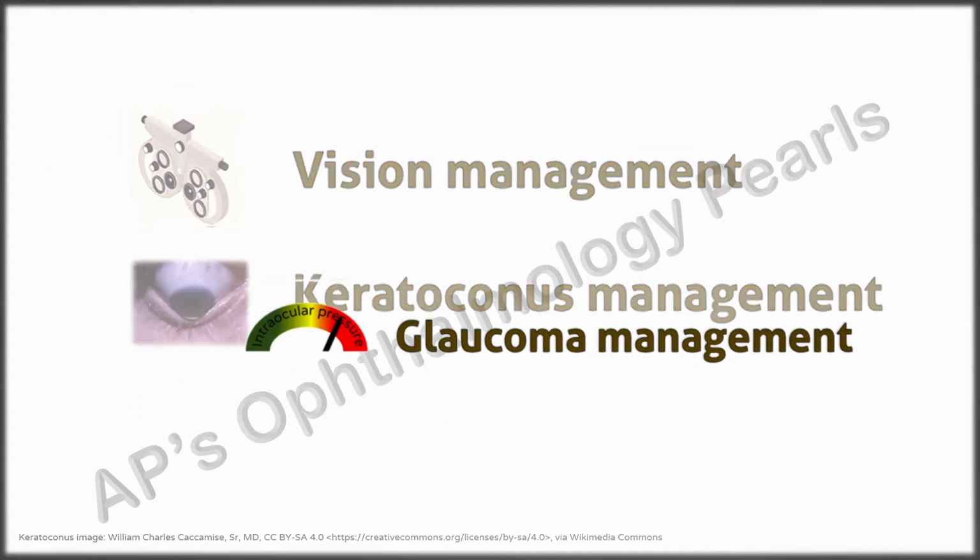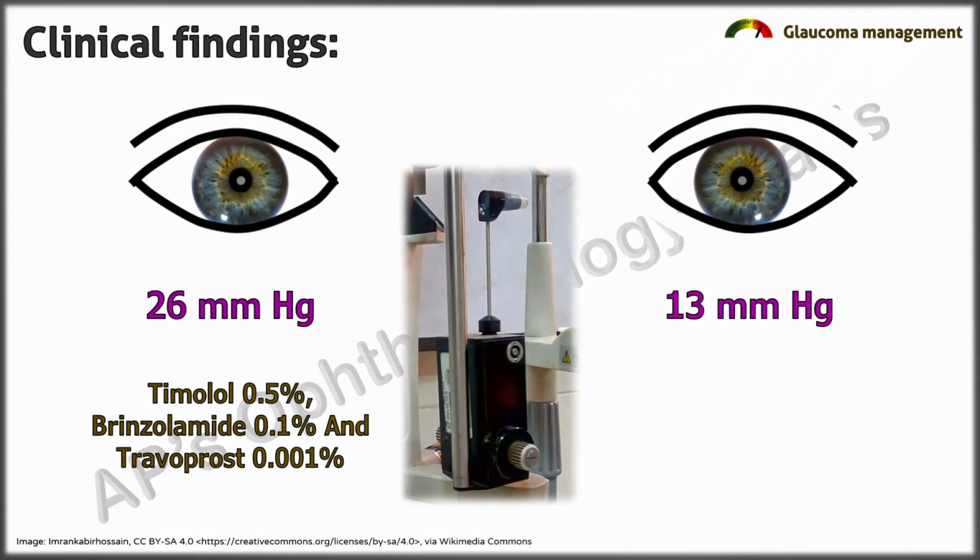Regarding glaucoma management, the intraocular pressure was uncontrolled while the patient was already on a beta blocker or carbonic anhydrase inhibitor and a prostaglandin analog, which equals maximum medical therapy. The only drug left out is an alpha-2 agonist. Brimonidine produces only a 20 to 30% reduction of intraocular pressure. So one would not expect a reduction of more than 5 to 7 millimeters of mercury.